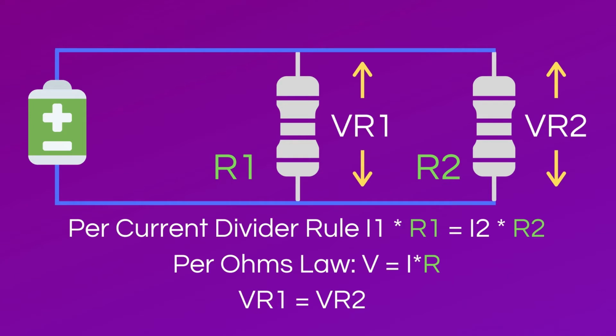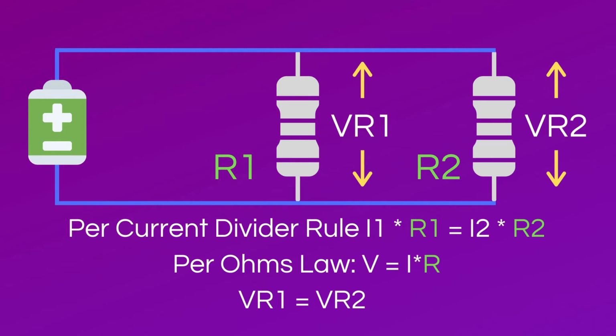The output voltage is equal to the input voltage minus the voltage over the parallel resistor. Since the input voltage is equal for all resistors in parallel, and the voltage over each parallel resistor is also equal, the output voltage at each parallel resistor equals each other.